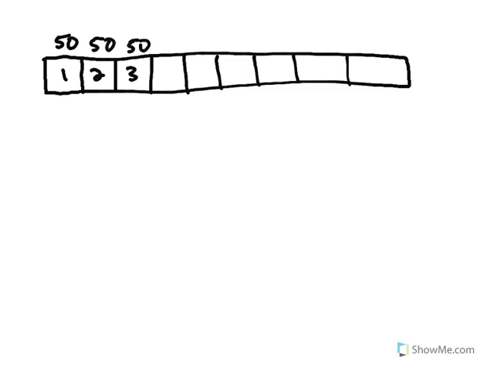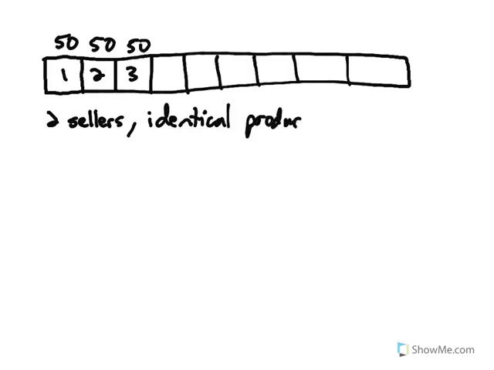Now, also suppose there are 2 sellers. Let's suppose they're selling beer. They buy from the producer and they're able to sell the same beer, so identical product, for a $1 profit.